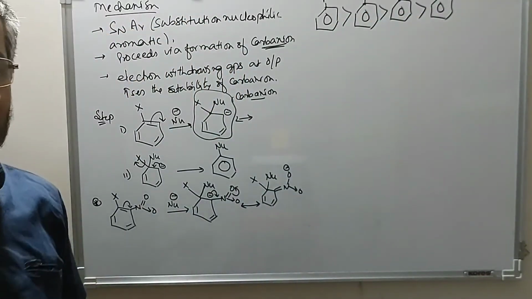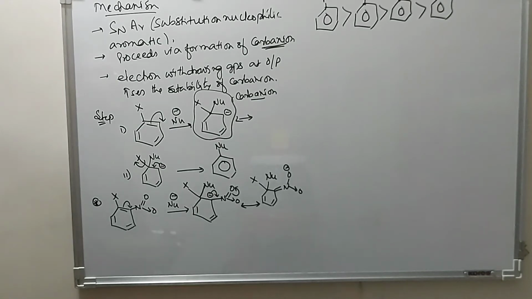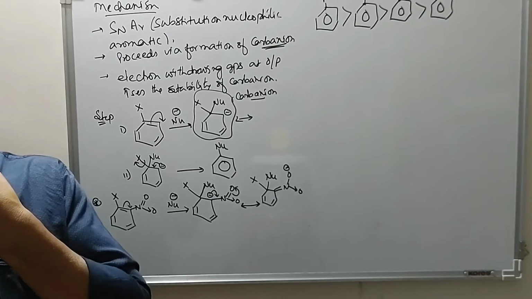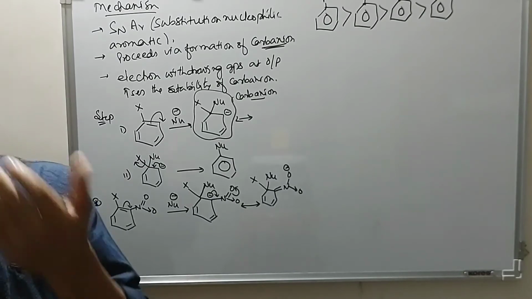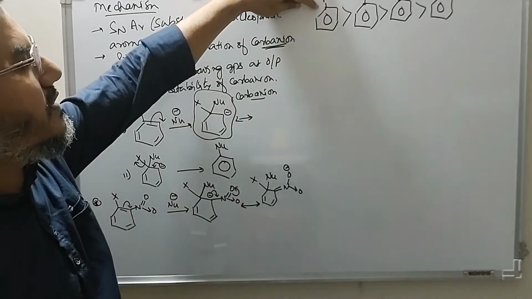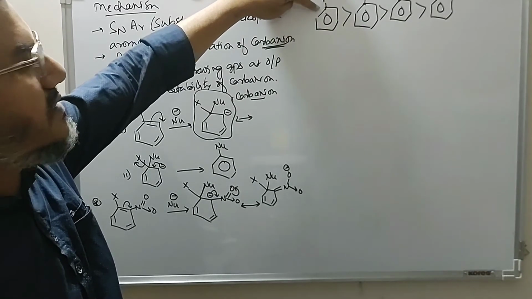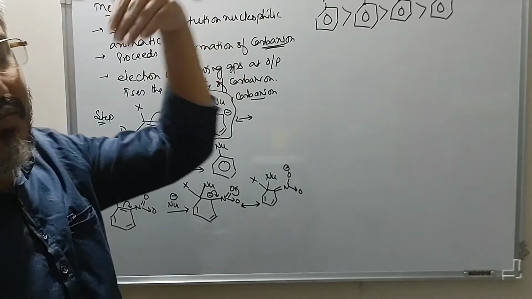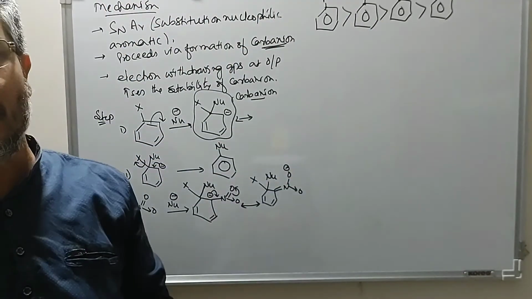This can be simply visualized based on the electron withdrawing character of halogen. Fluorine being the strongest electron withdrawing group, this withdraws electron density from carbon, and this carbon becomes more electrophilic, which can be easily approached by the nucleophile.